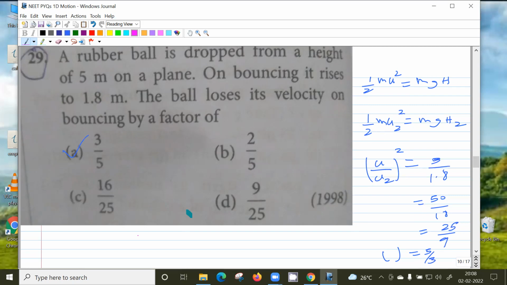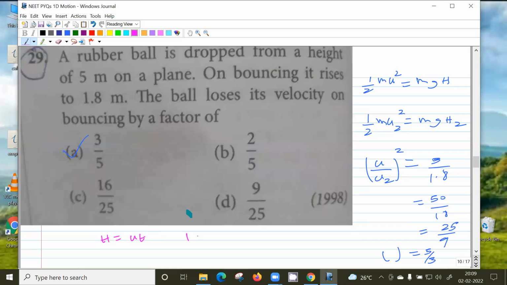If you solve by kinematic equation, s is equal to ut minus half gt square. It's 5 meters, right? So in 5 meters, the velocity is becoming 0.